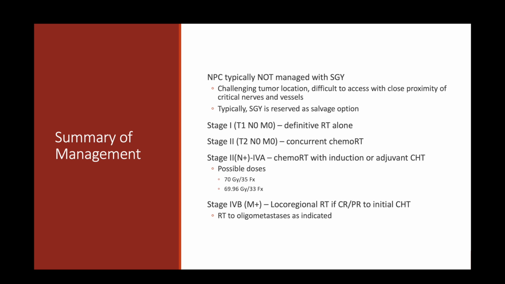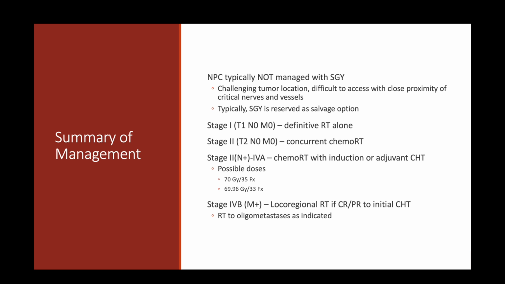Now, very early stage tumors, like a T1, N0, M0, so a stage 1 tumor, can theoretically be treated with definitive radiation alone. In practice, however, most of the time, nasopharyngeal cancers are not going to present at such an early stage. Remember, we said earlier that 75 to 90% of these cancers present with nodal involvement.